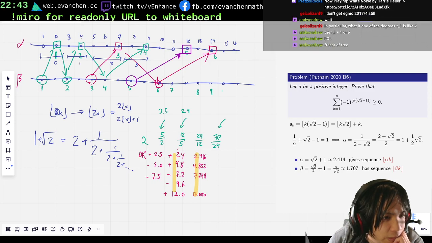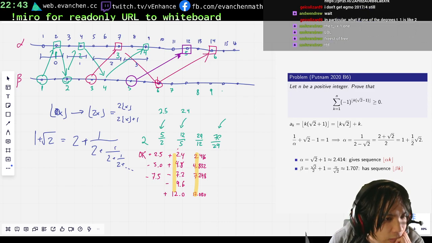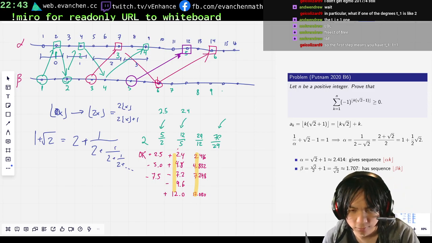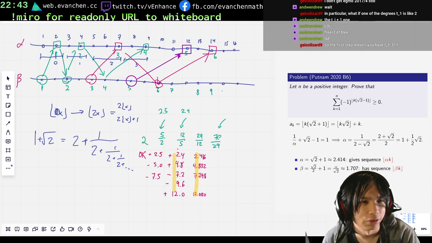What's wrong with T1 equals 2? No, you add multiple universal vertices.